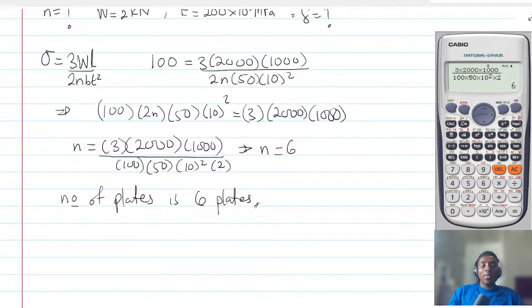The deflection can be given as sigma L squared divided by 4 E t. Or you can also use this equation.